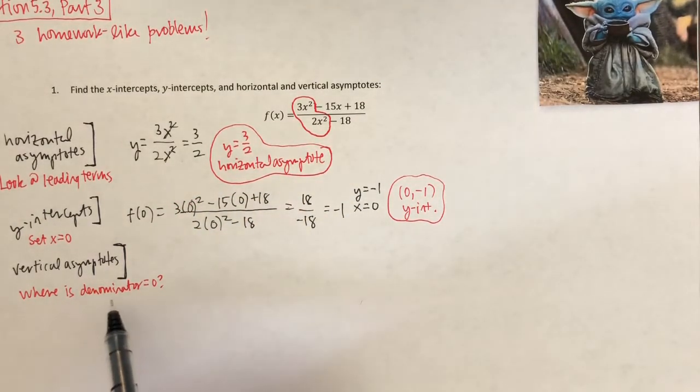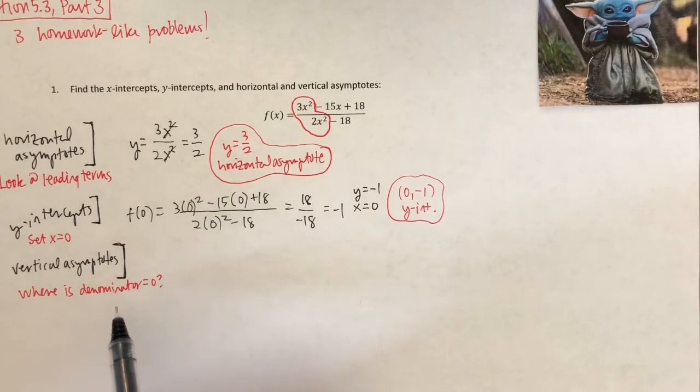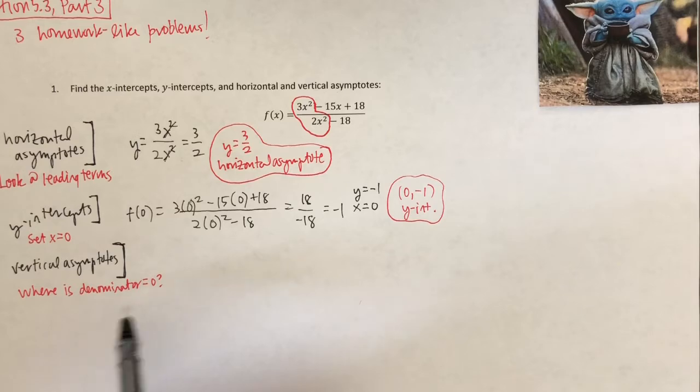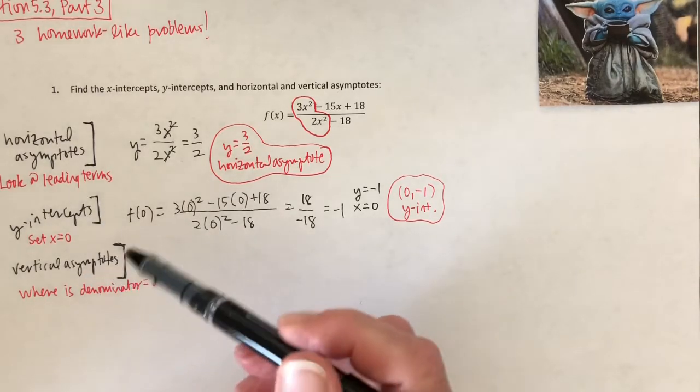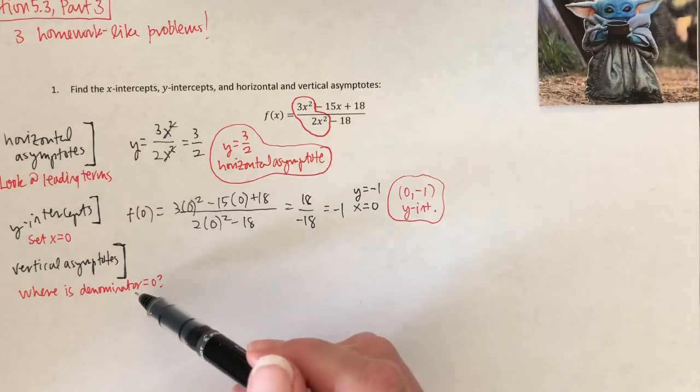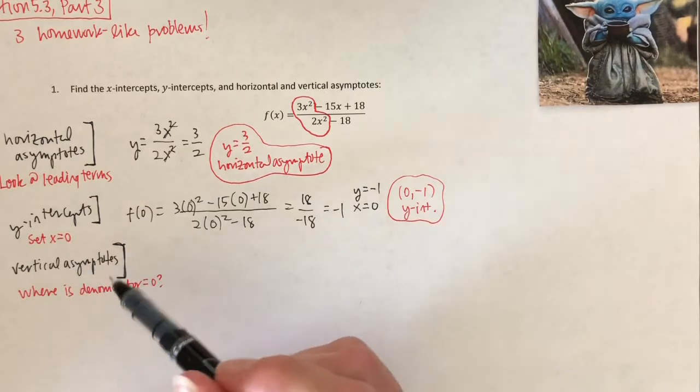This is because it's a big no-no in math. You can't have a denominator equal to 0. And so those places where it is equal to 0, we have to eliminate from the domain. And often eliminating them from the domain results in these vertical asymptotes.